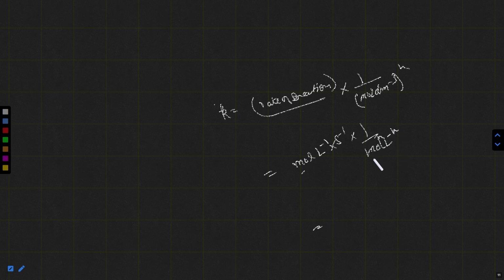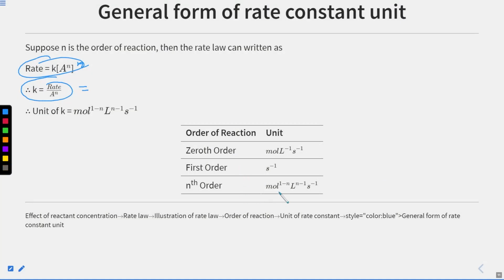If we bring this mole here, it would give us mole raised to the power 1 minus n, liter raised to the power n minus 1, per second. So this is a general form. I have written it here also: mole 1 minus n, liter n minus 1, per second.